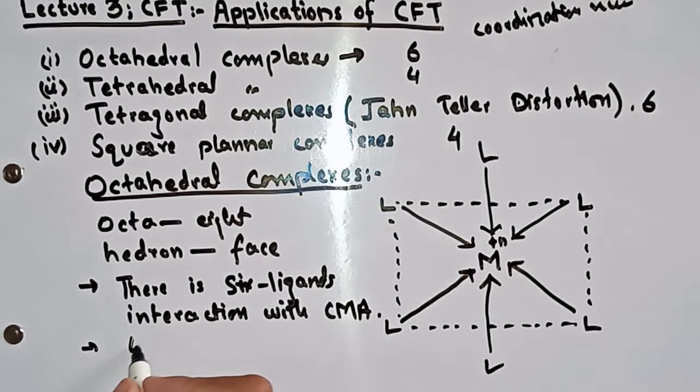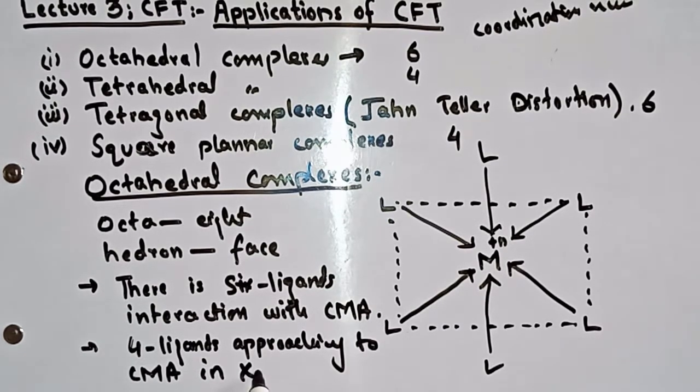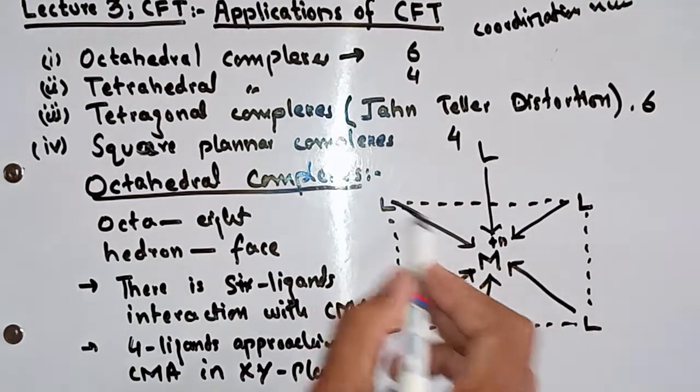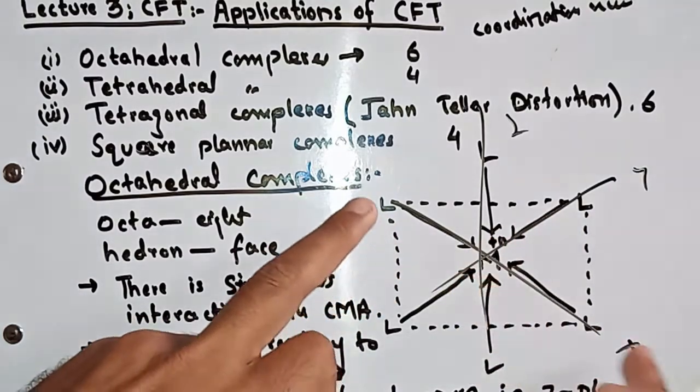Among these six ligands, four ligands approach the central metal atom in the xy plane, along the x and y axes, and two ligands approach the central metal atom along the z axis.